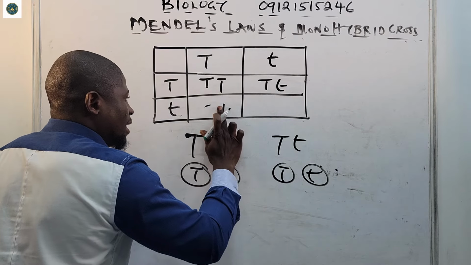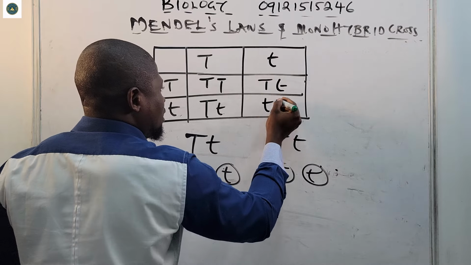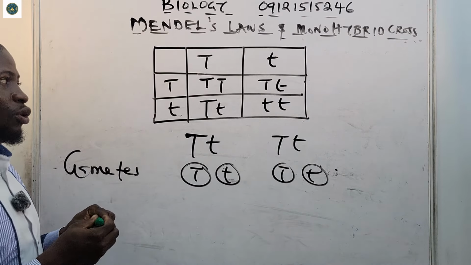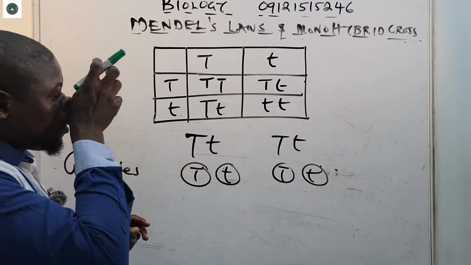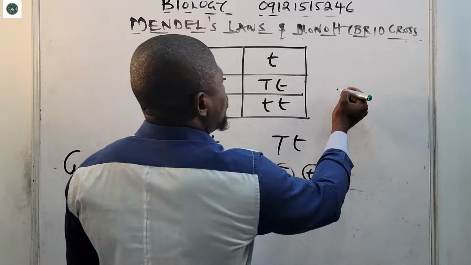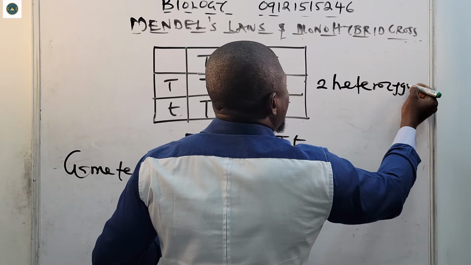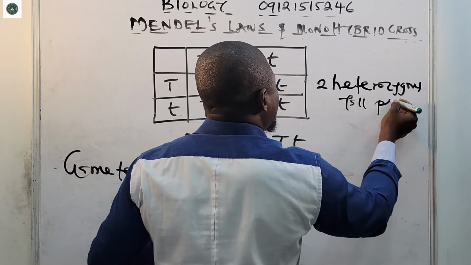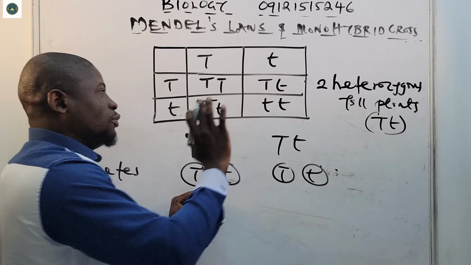So you can clean this now and say what? T. Then this time, this also is T. All right? So now we have done our Punnett Square. In our Punnett Square, we cross two heterozygous tall plants, which is what I want now, Tt. We took two and then we crossed them.